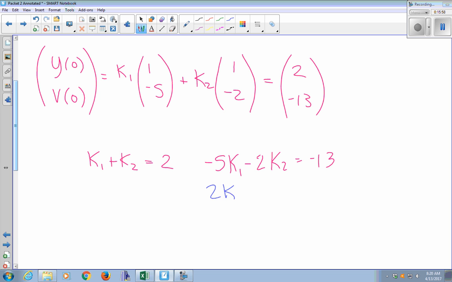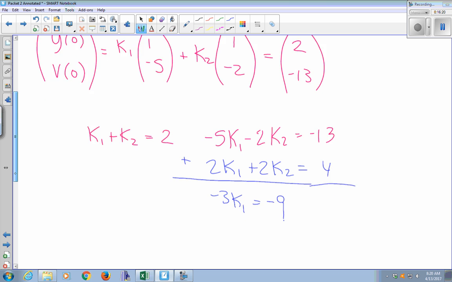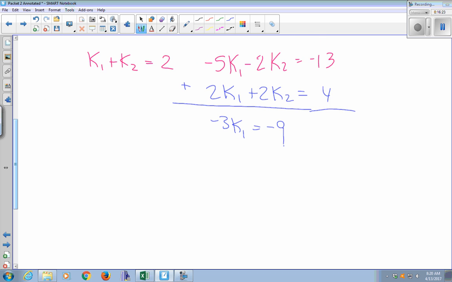So I have 2k1 plus 2k2 equals 4. And then add those together. So I have negative 3k1, the k2's cancel, equals negative 9. Divide by negative 3, so I get k1 is 3. And so k2 has to be negative 1.